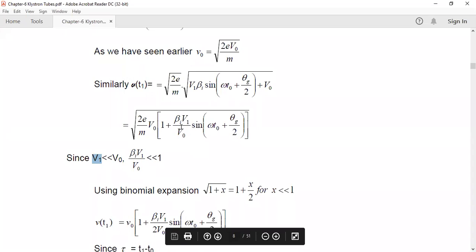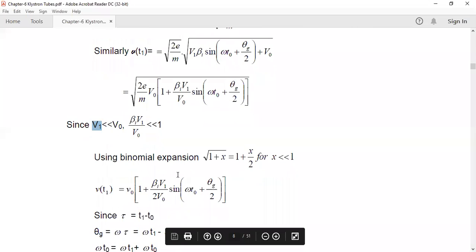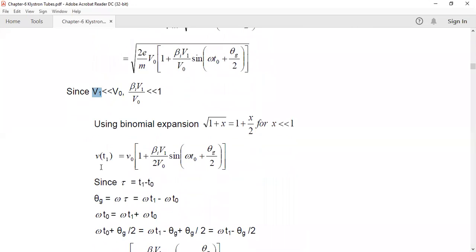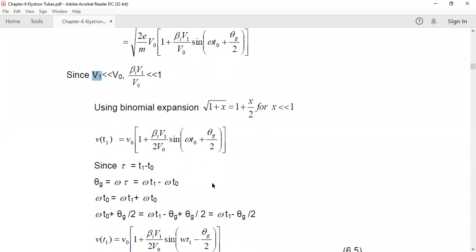And by the binomial expression, just like a root of 1 plus x format, root of 1 plus x is equal to 1 plus x by 2. In that way, we are substituting this. So now we have V of T1 is equal to V naught of 1 plus beta I V1 by 2 V naught sine of omega t naught plus theta g by 2.